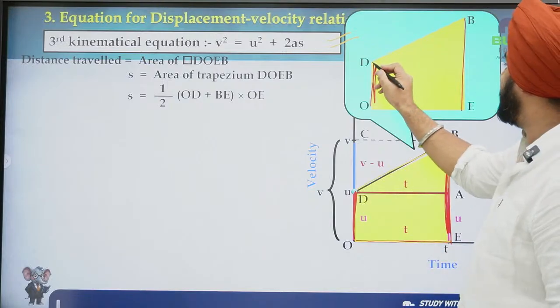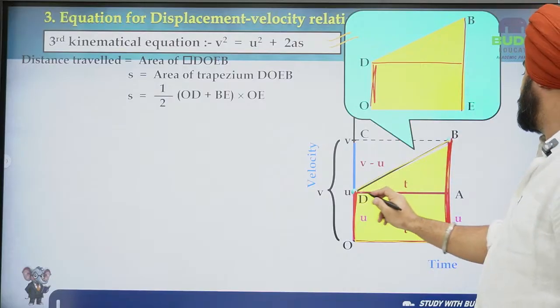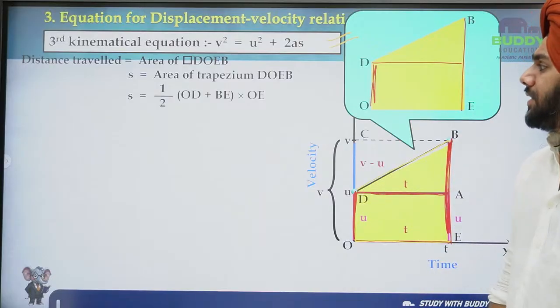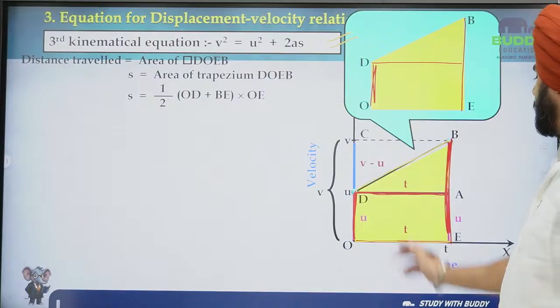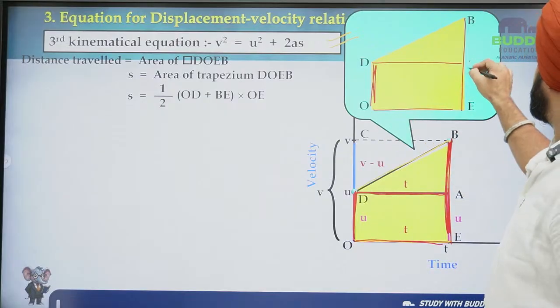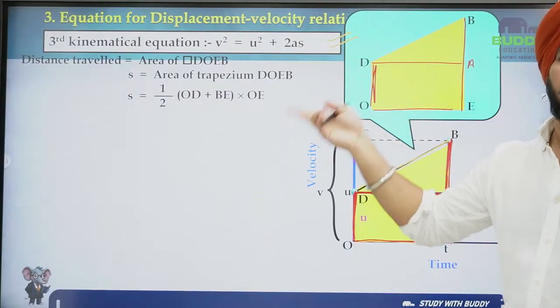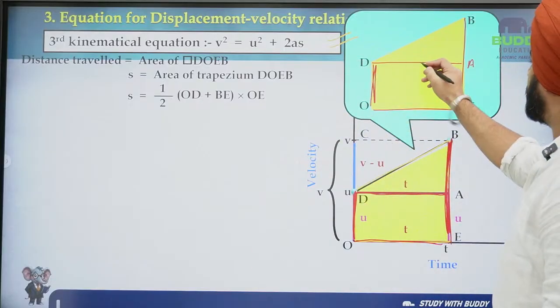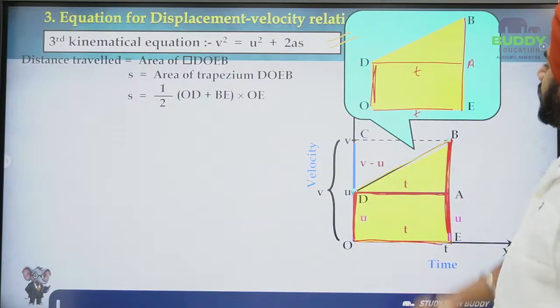And this is the height of the trapezium. This AD is the height of the trapezium. Or you can also say OE, it's the same thing. So AD or OE, it can be any of it. So both are the height of the trapezium.